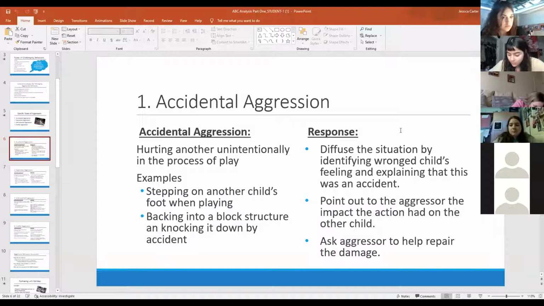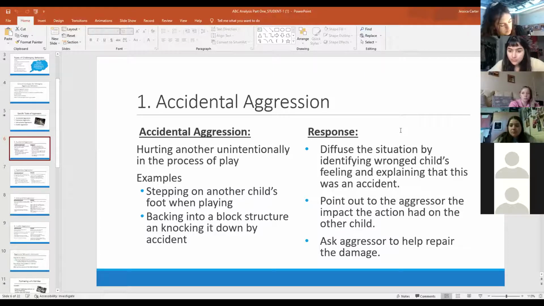How do we respond appropriately? We diffuse the situation. And I think the rule of thumb is to always address the victim first. You want to make sure that the child who has been hurt, who has had their property hurt, is okay first. That's the first step. Make sure they're able to articulate their feelings.